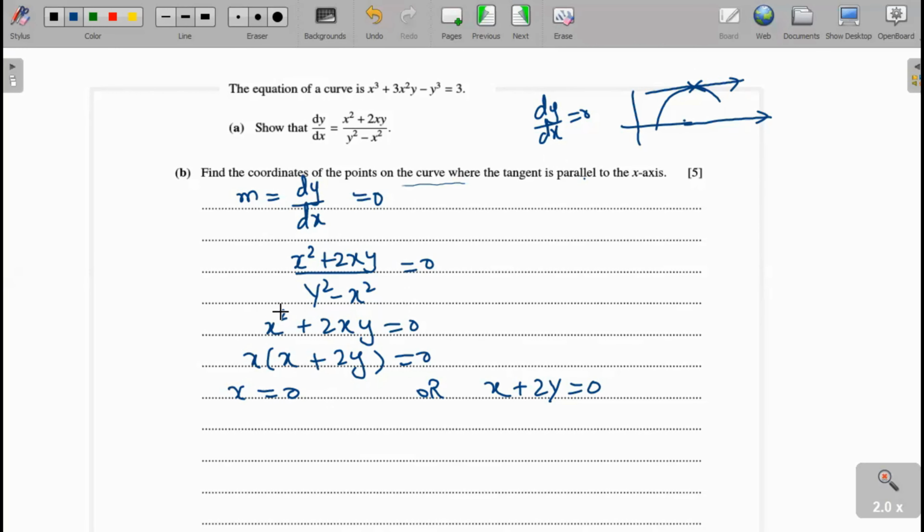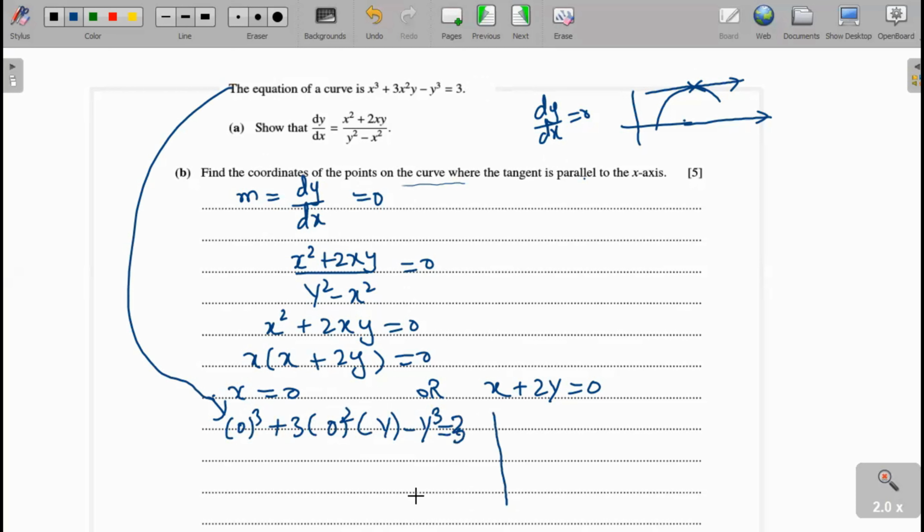Now, to find the coordinates of the points on the curve, we put these values in the equation of the curve. The equation is x cubed plus 3x squared y minus y cubed equals 2. For x equals 0: 0 cubed plus 3 times 0 squared times y minus y cubed equals 2.